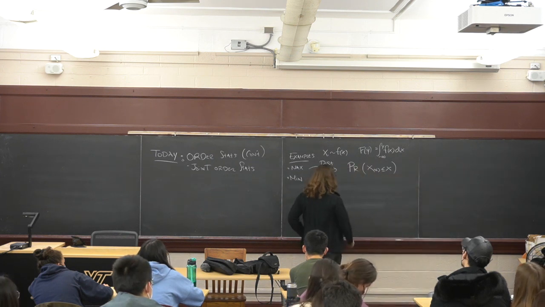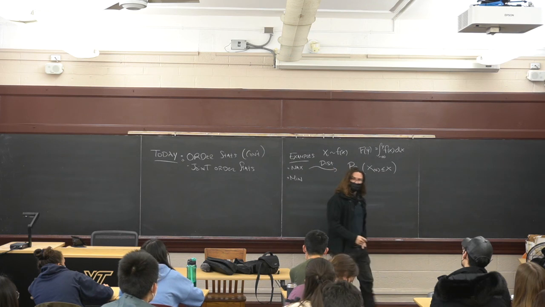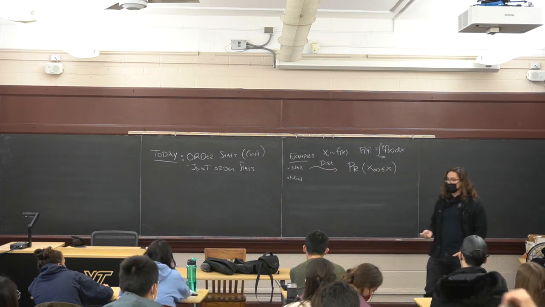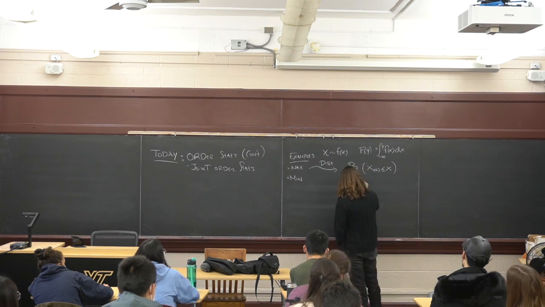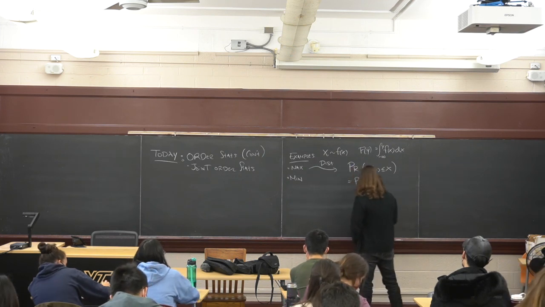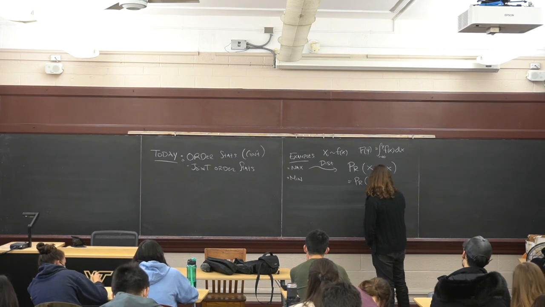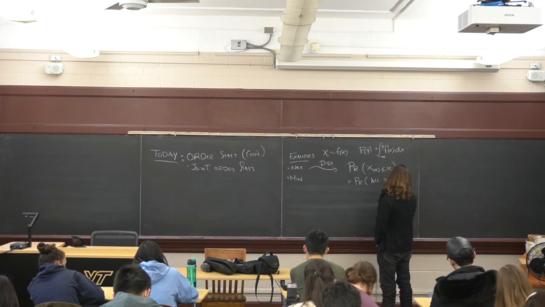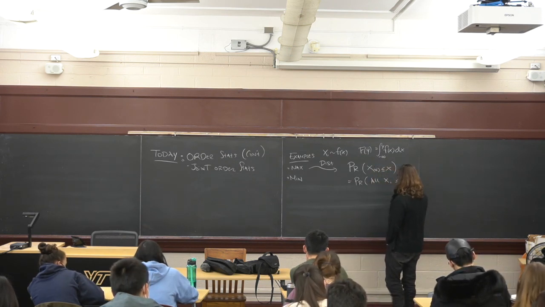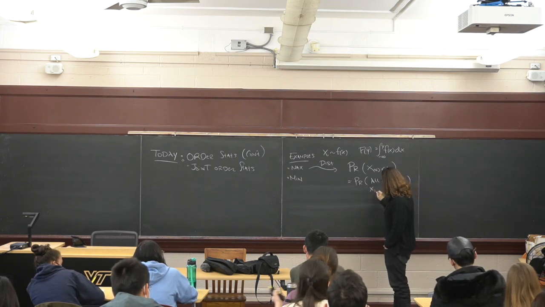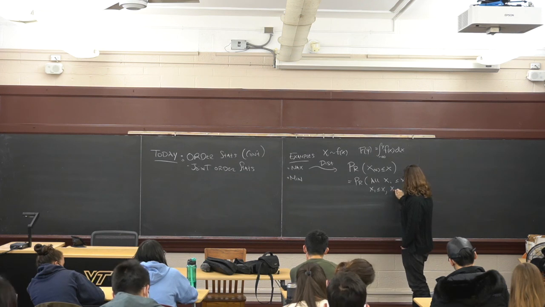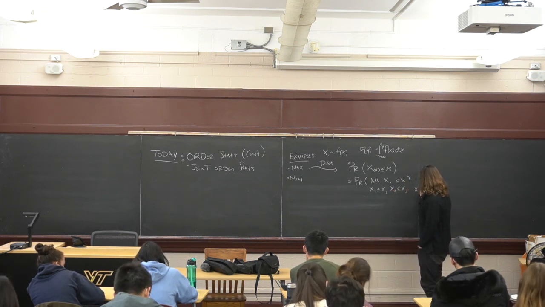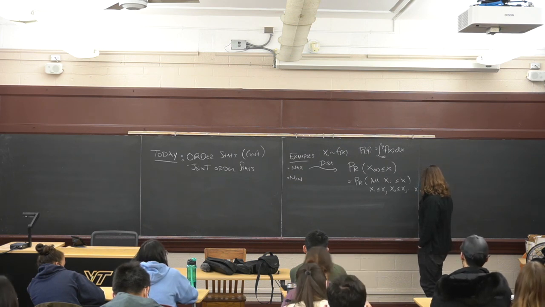So the probability that the max is less than something, I can use a pretty simple argument to convince myself this is the same thing as all the x_i's being less than or equal to x. What I mean is x_1 has to be less than x, x_2 has to be less than x, and all of them have to be less than x.